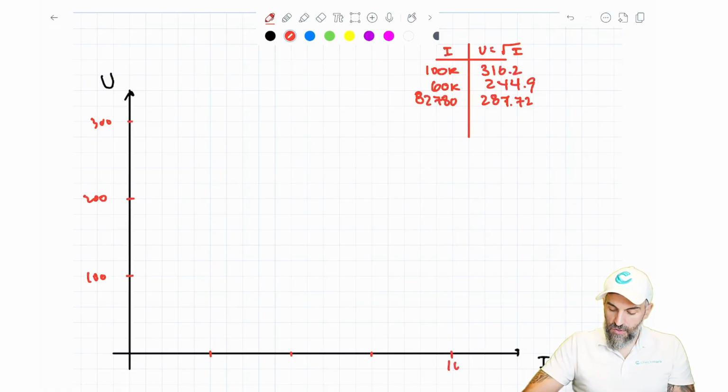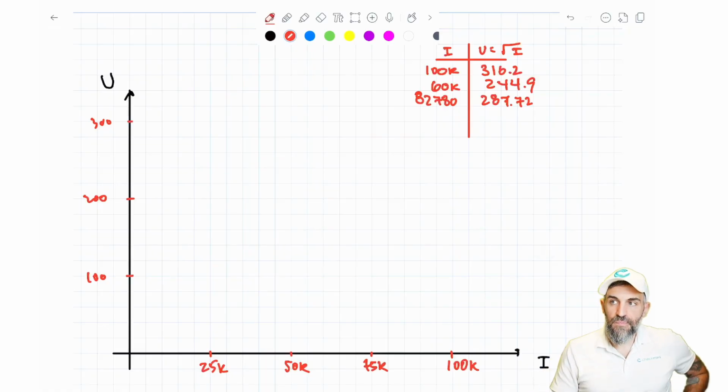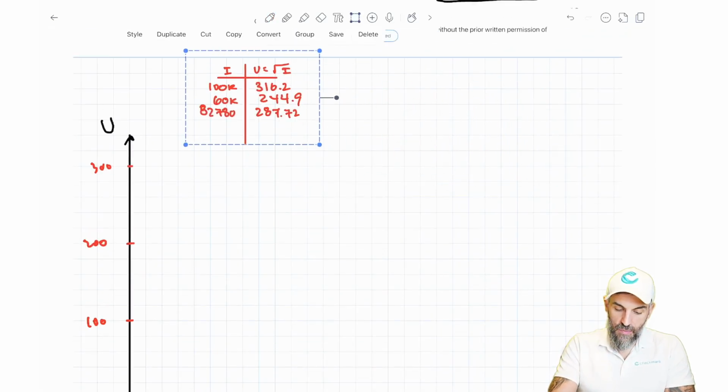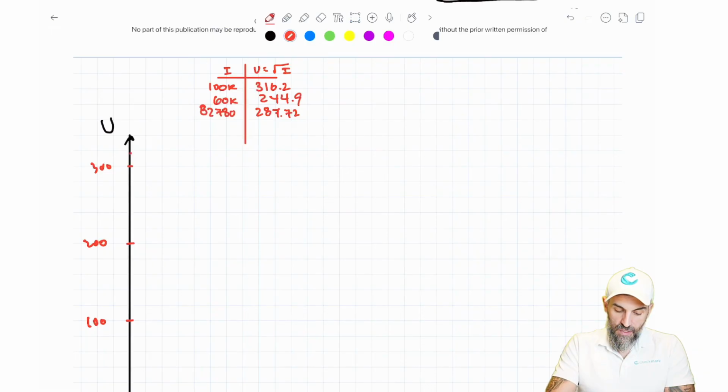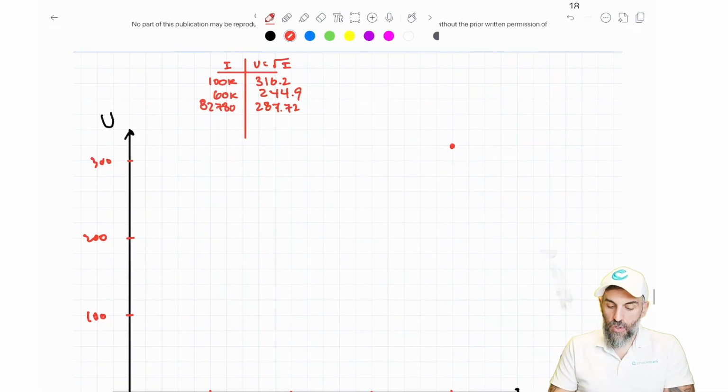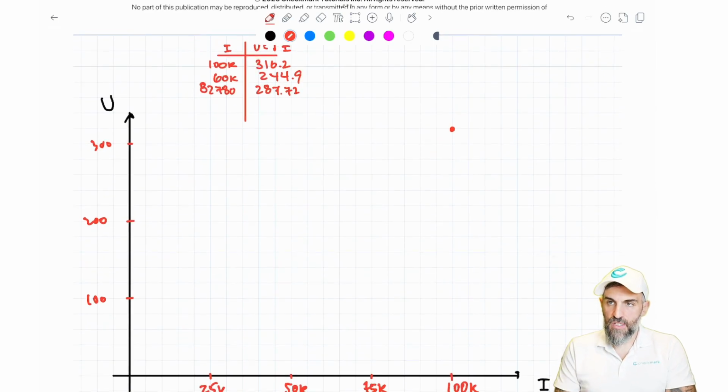We'll put 100,000 over here. So this is 25,000, 50,000, 75,000. At 100,000, his utility would be 316, so that would be roughly here. I'll put a point right here. This is $100,000 of income with about 316 utility.